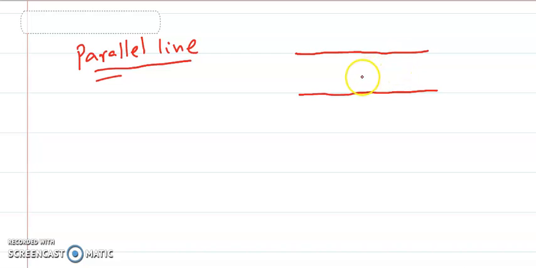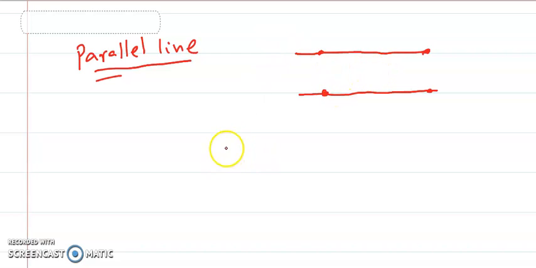Such lines are the same distance apart at every point. For example, if I take the distance between them at this point, and at this point, the distance will be equal, or wherever I take the distance between them, it will be equal. Such lines are called parallel lines. Parallel lines will never cross each other.